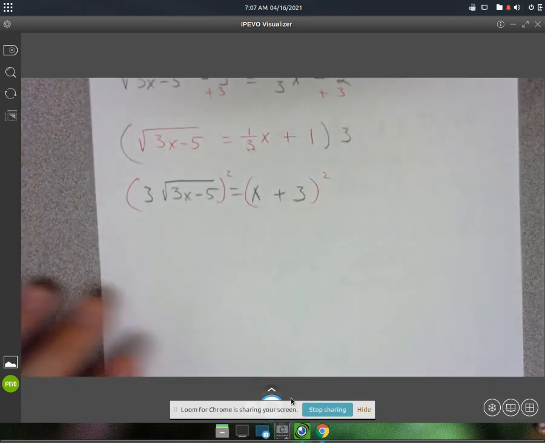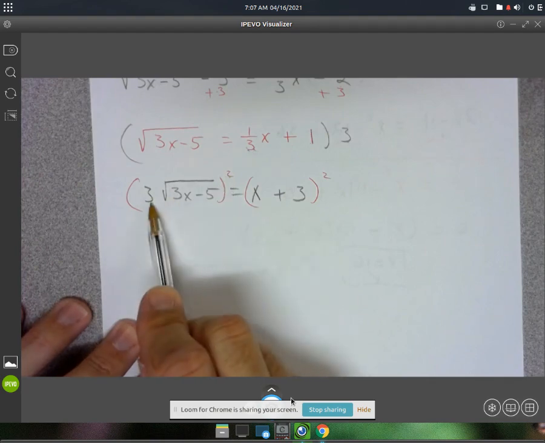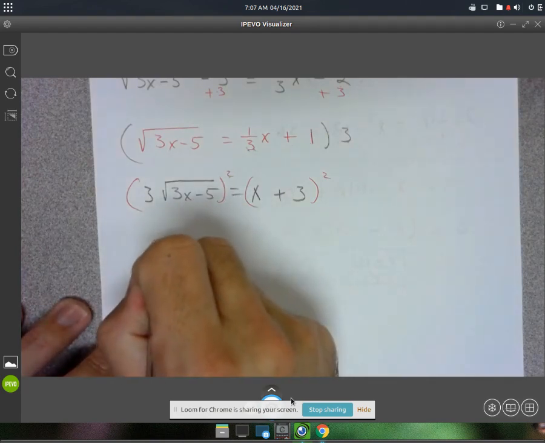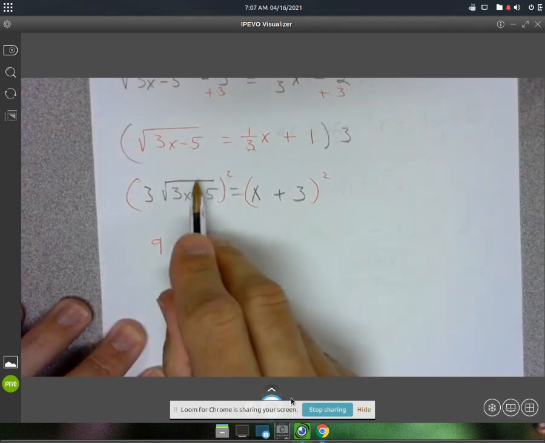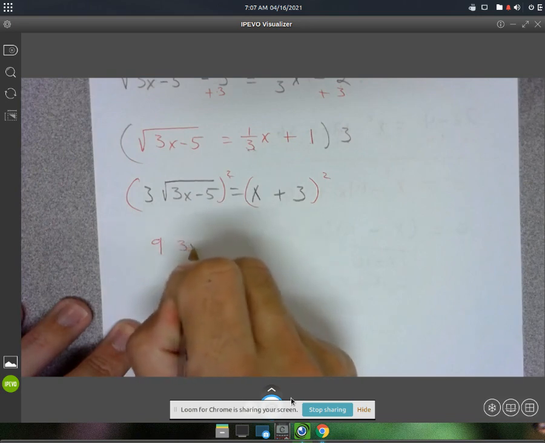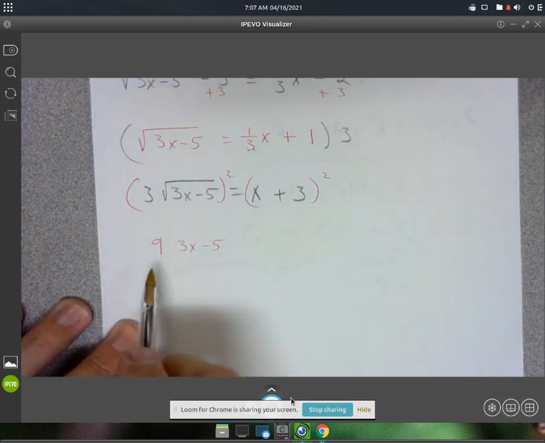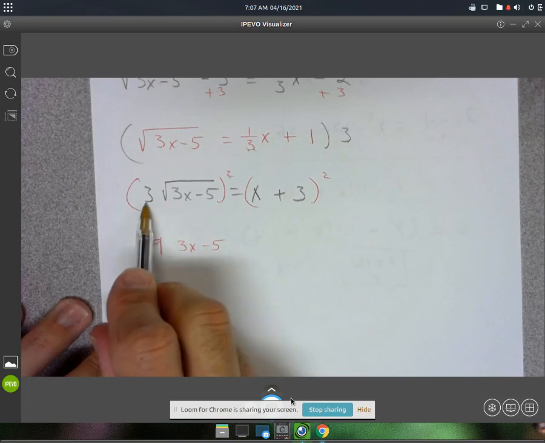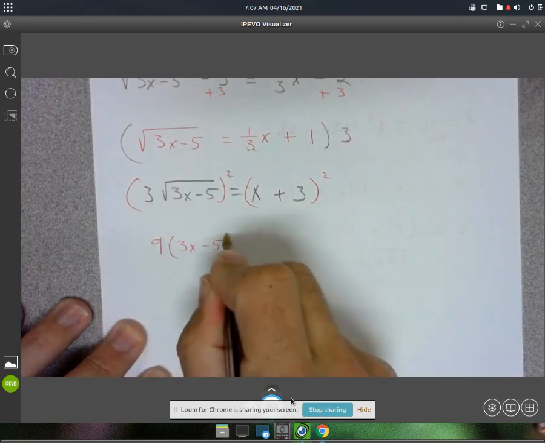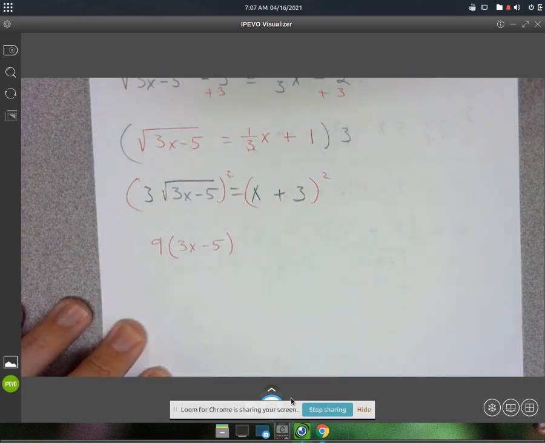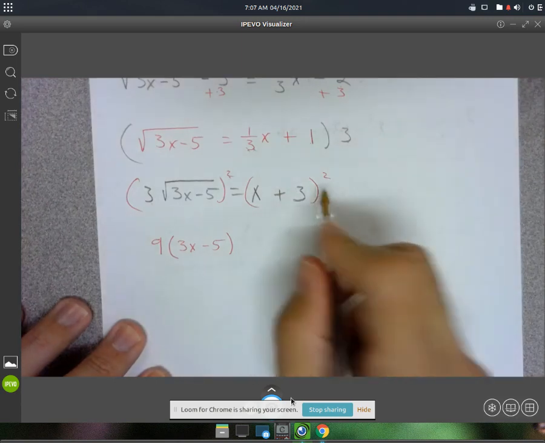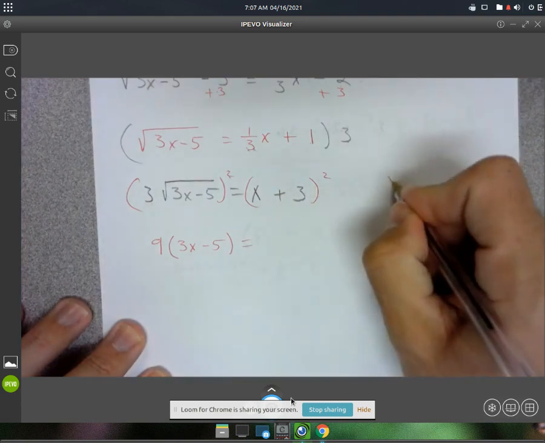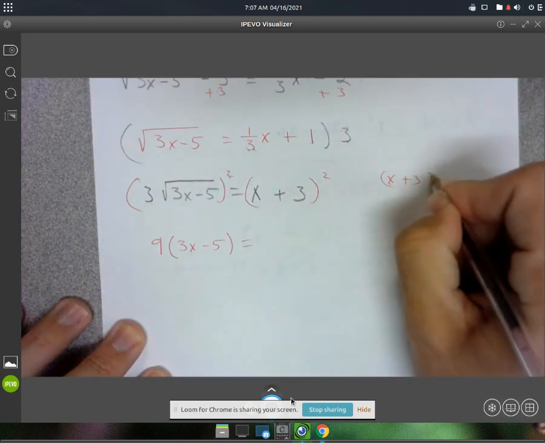So you're going to square the 3. That's going to become a 9. And then when you square the square root, you're just left with 3x minus 5. But these two things are being multiplied, so now I've got to do 9 times all that. And then on the right side, remember I've got to do x plus 3 times itself.